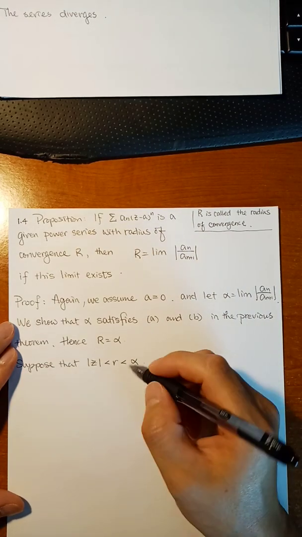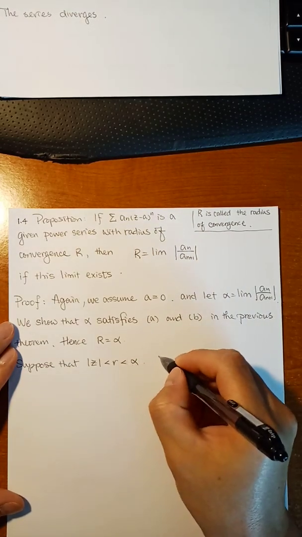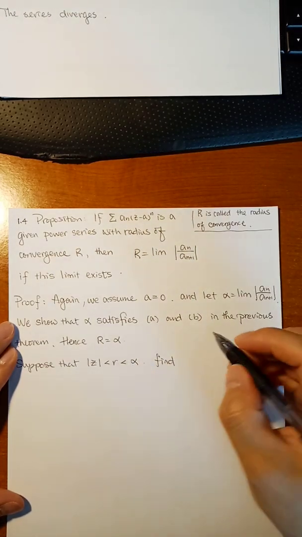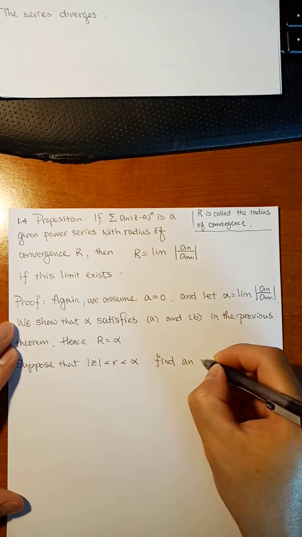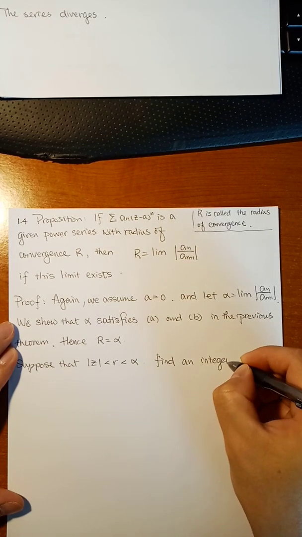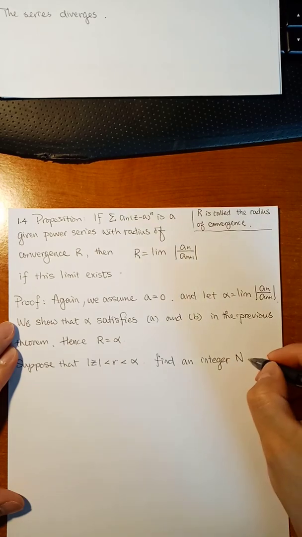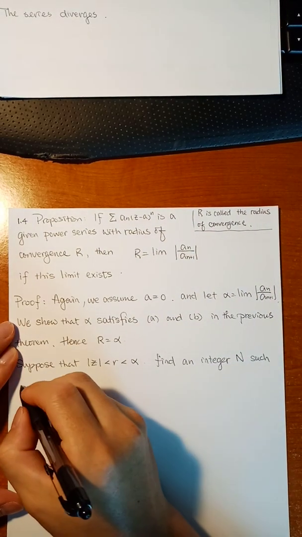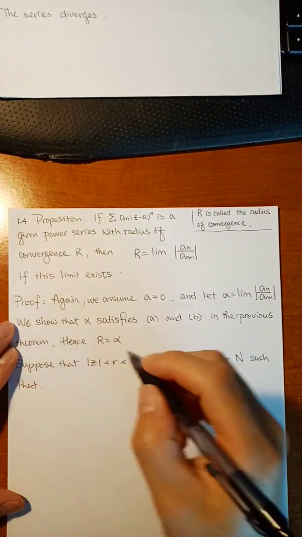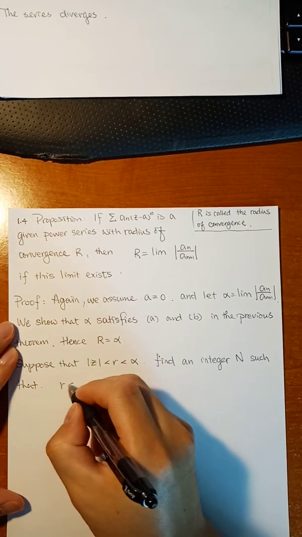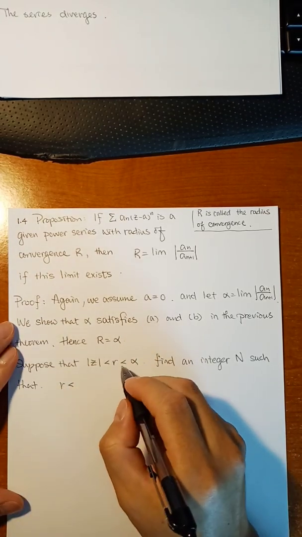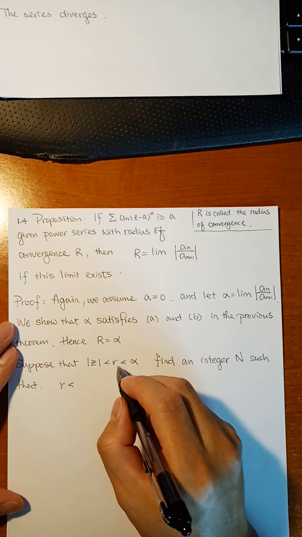Then we find an integer capital N such that alpha is greater than r.